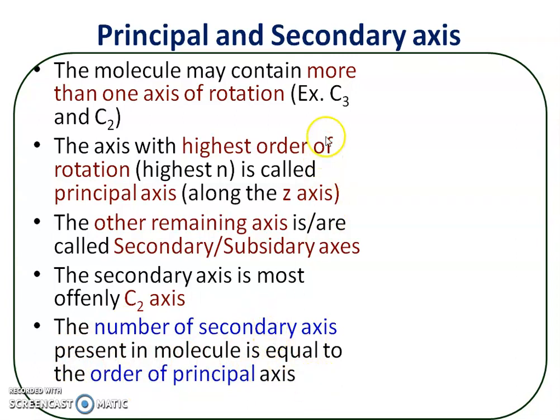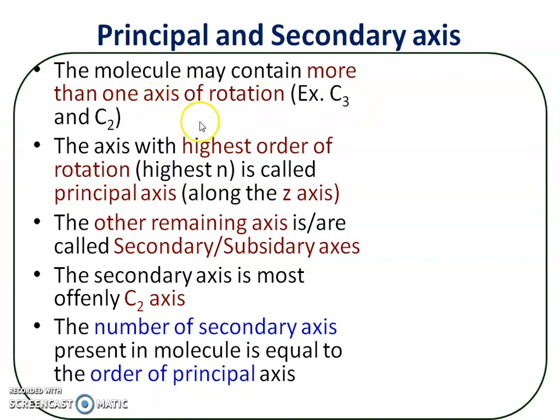Suppose in a molecule there are two axes, one is C3 and the other is C2. As I said, the C3 axis is the principal rotational axis and C2 is a secondary axis. Now in that molecule, how many secondary axes will exist? Then the number is 3, because for the principal axis the value of n is 3.